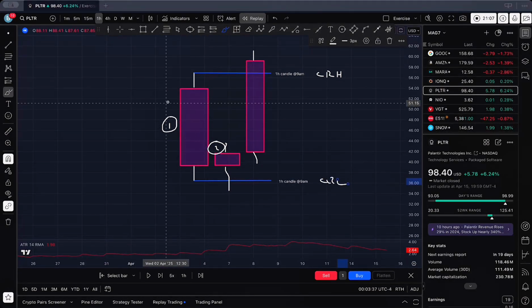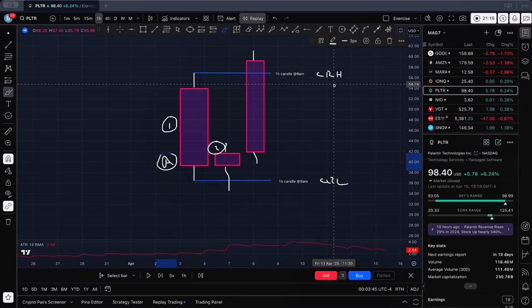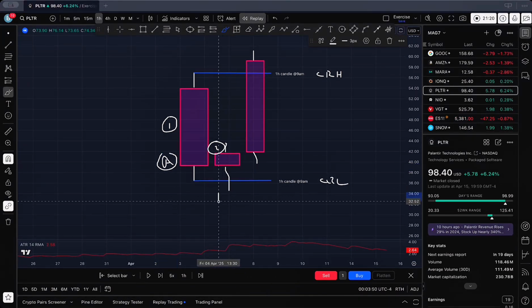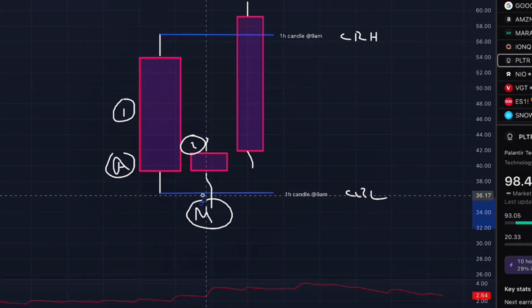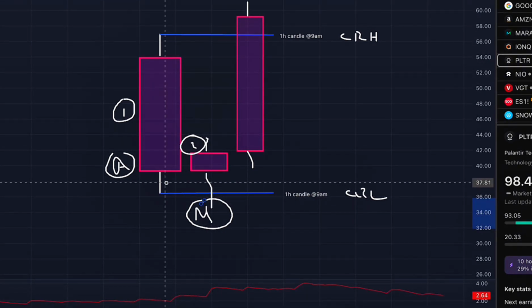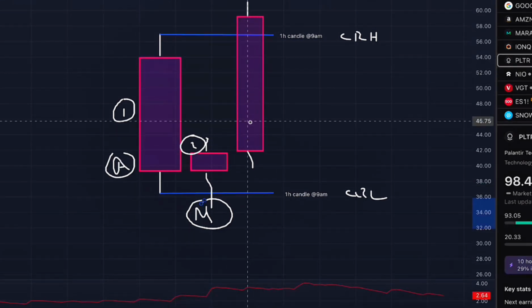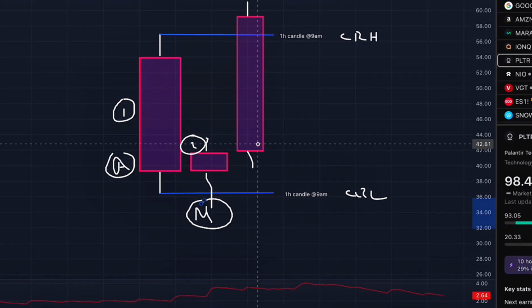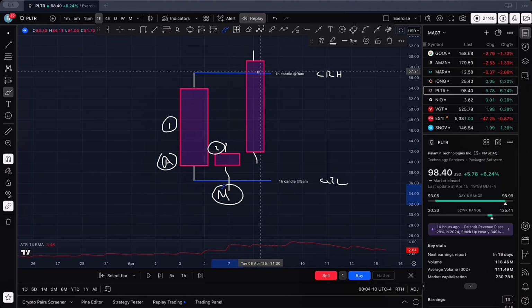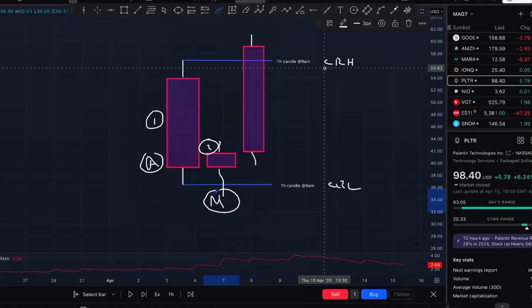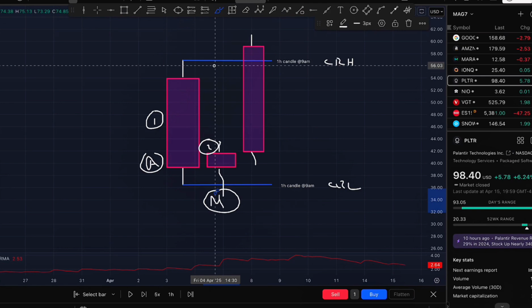The first one is the accumulation, and it sets the candle range high and the candle range low. The second one is the manipulation, because it grabs the liquidity from the first candle. And the third candle breaks out of the range, closing above this candle range high here.